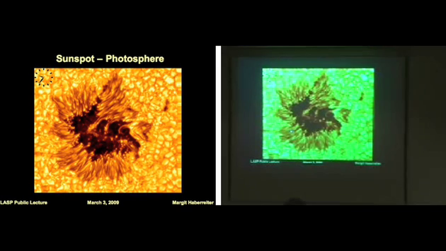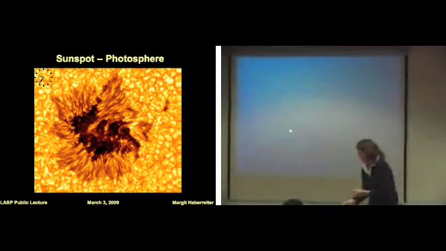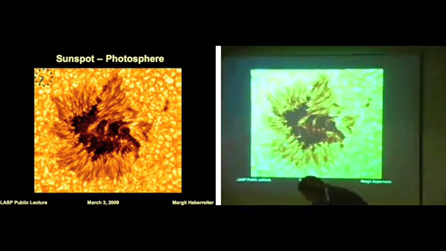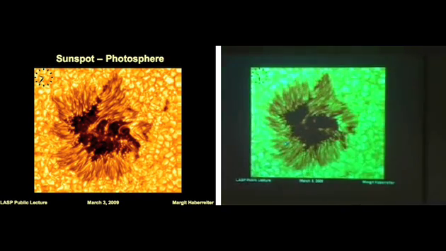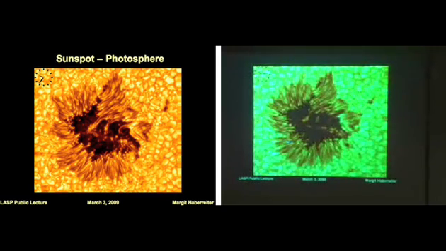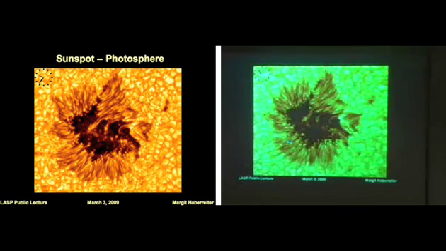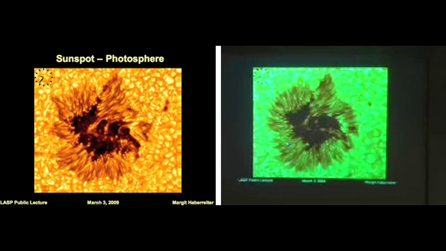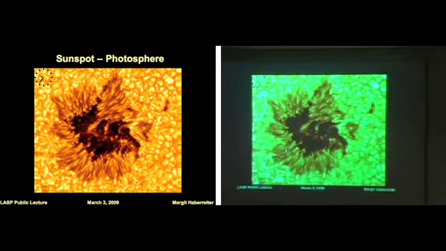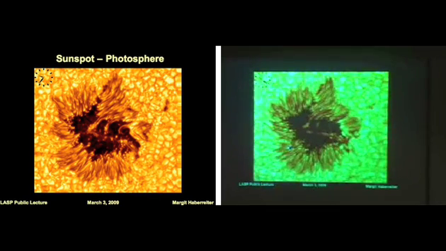This is an observation of a sunspot, observed in the ultraviolet light. And what you can see is granulation. This pattern, a kind of boiling pattern on the solar surface, is called granulation.